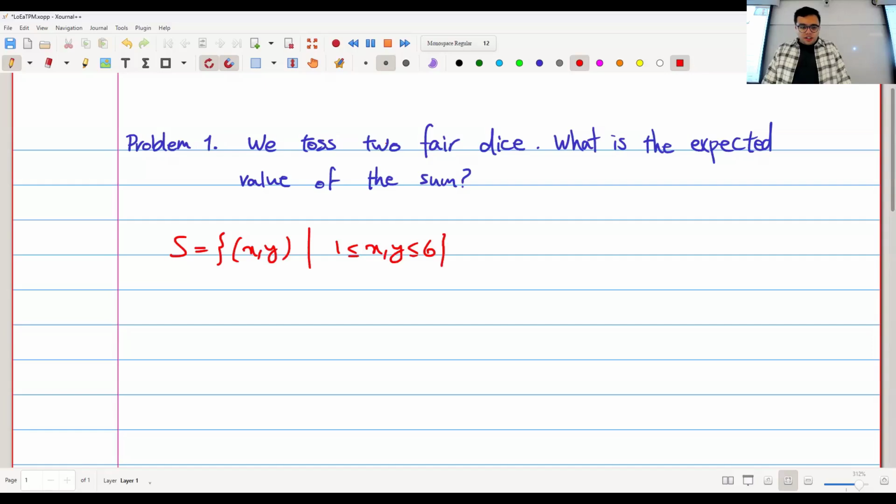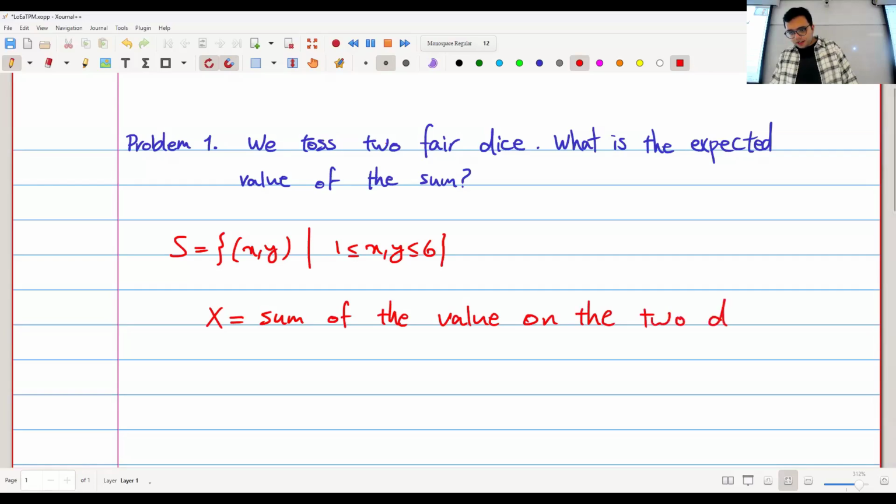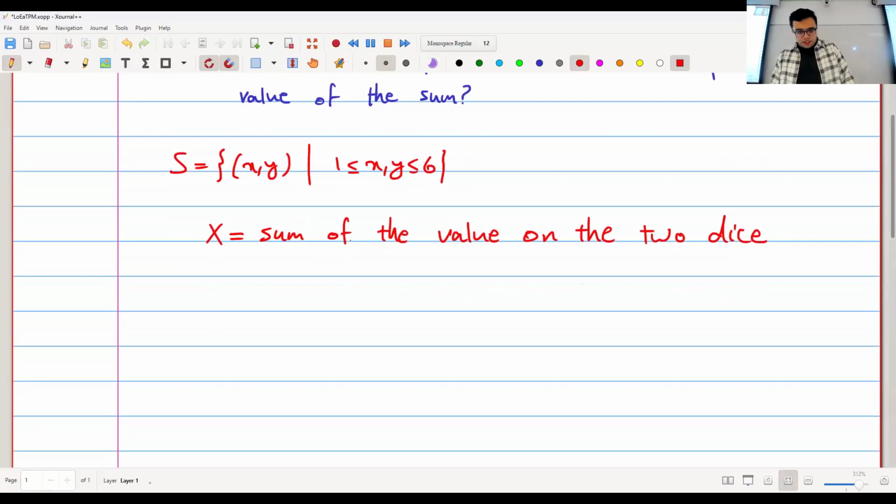Right? So suppose I define the random variable x, the sum of the value on the 2 dice. So I want to find the expected value of x. And we said this is just the sum of every possible value.